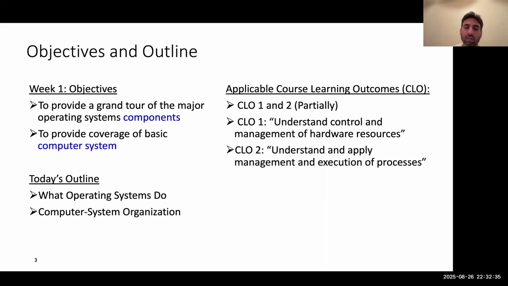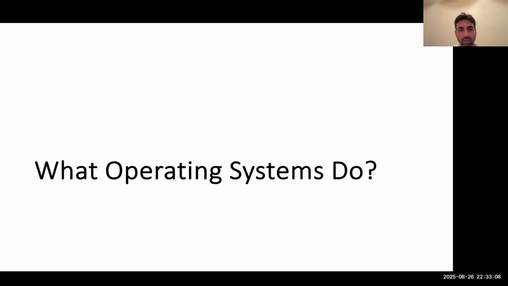But remember that the topics which address these learning outcomes will appear in our upcoming lectures as well. Down the line, we will have separate lectures completely dedicated to process management and to other features of managing the memory or hardware resources and so on and so forth, right? But here we will have just some discussion about hardware resources.